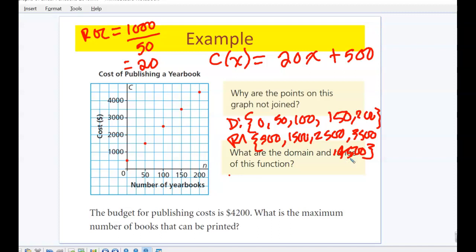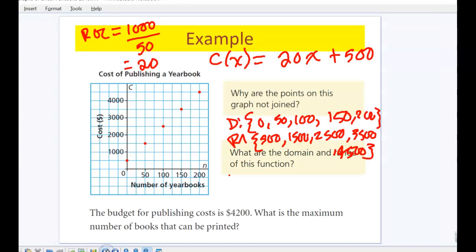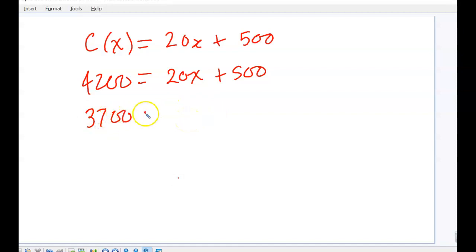Now, the budget for publishing costs is 4,200. What is the maximum number of books that can be printed? So I know the total cost I have is 4,200. My equation again was cost was 20x plus 500. So therefore, I'm putting 4,200 in for the cost. If I subtract 500 over, I'm going to get 3,700 is equal to 20x.